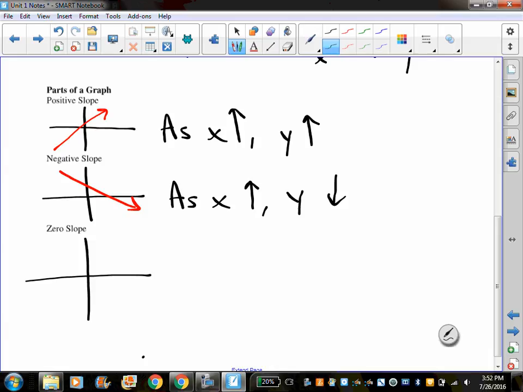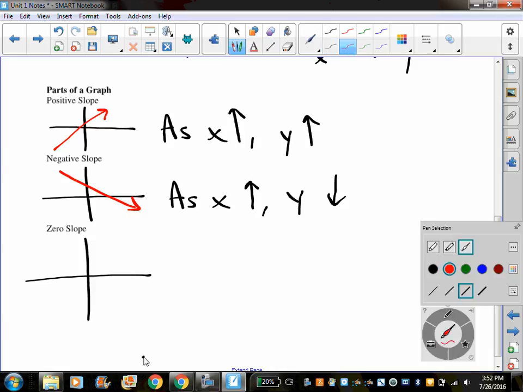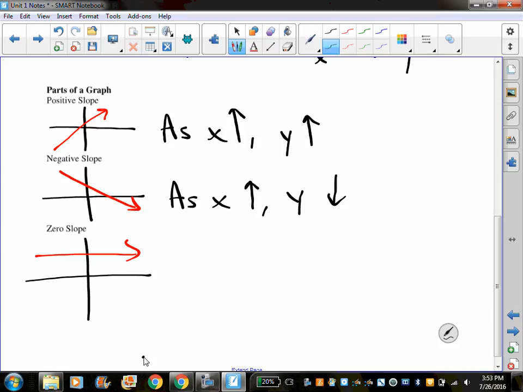And with a slope of 0, so maybe a line such as that, well, as our X values increase, the Y values aren't doing anything. They're just staying the same the whole time. And so for us as scientists, that really says to us that it doesn't matter what I do to X, Y is never going to change.